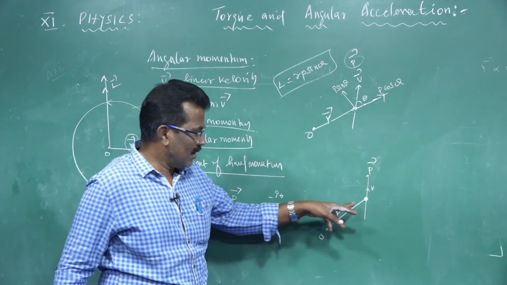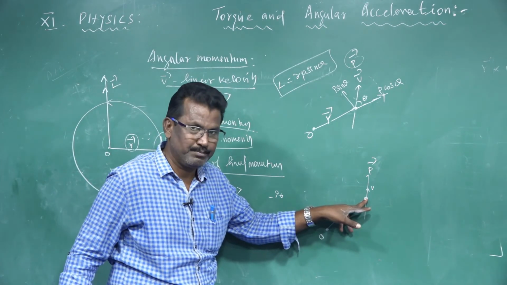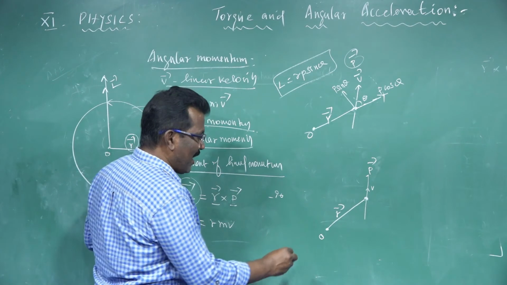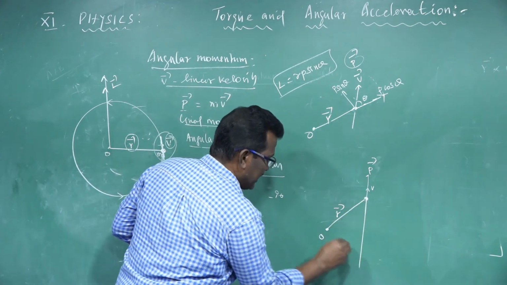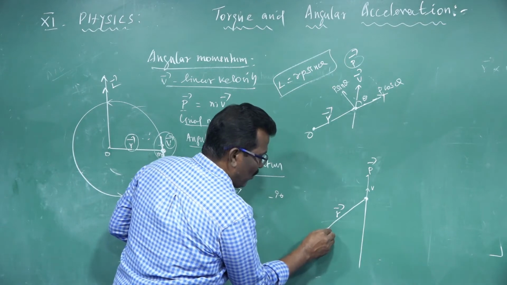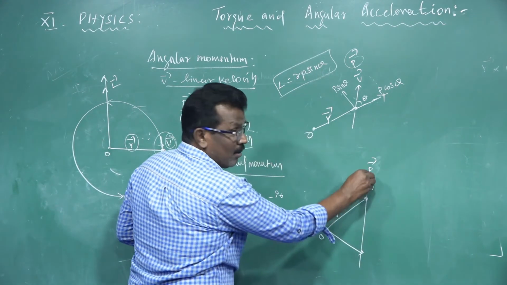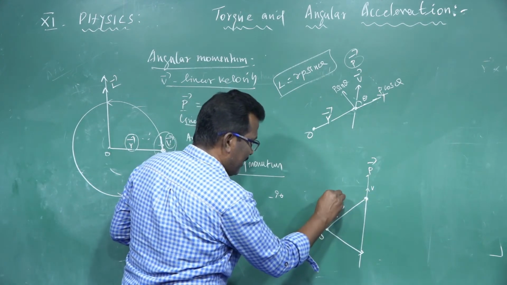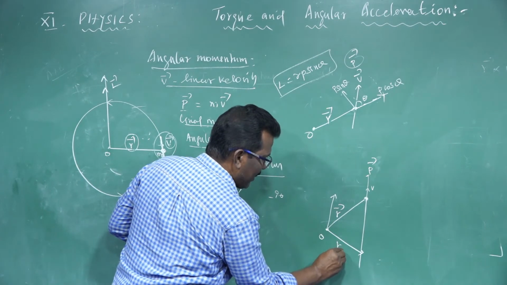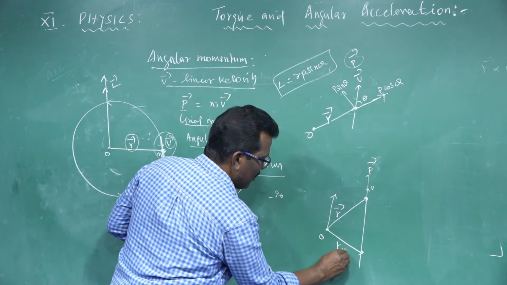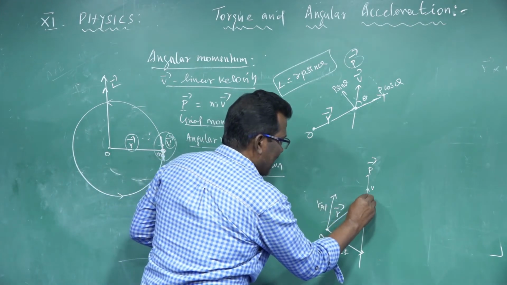Now instead of resolving the momentum, we resolve the position component at the origin. One component is perpendicular to the momentum and another is parallel to the momentum. So this is r perpendicular, and this is r parallel. Now this is extended.